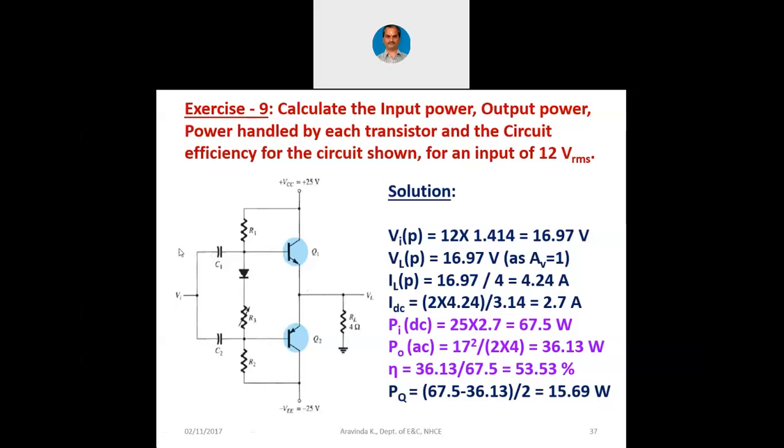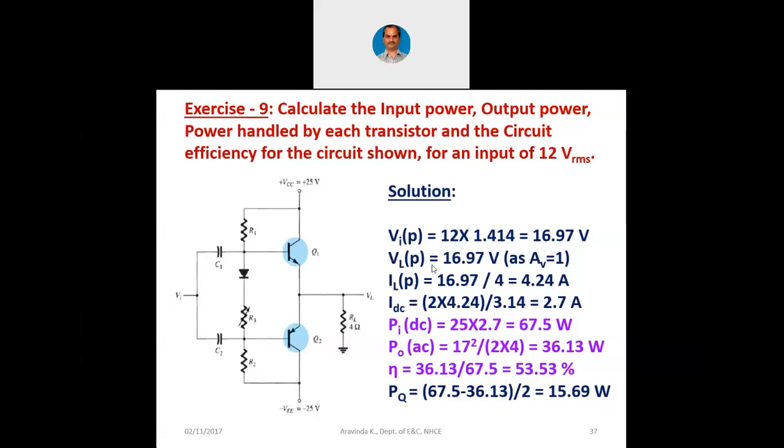You can see when we apply an input signal here, we are taking output at the emitter. Even for the negative cycle, we are taking output at the emitter of PNP. You can see that is a VCC plus 25, VEE minus 25. So this is now an emitter follower. As it is an emitter follower, you already know that the emitter follower's voltage gain is unity.